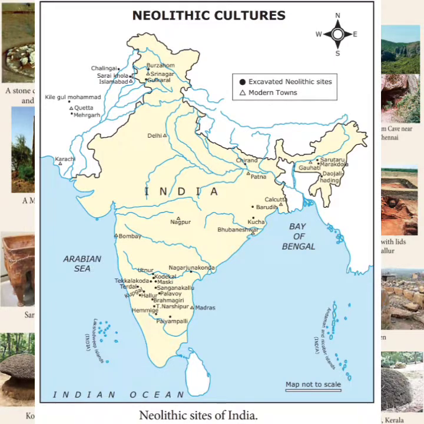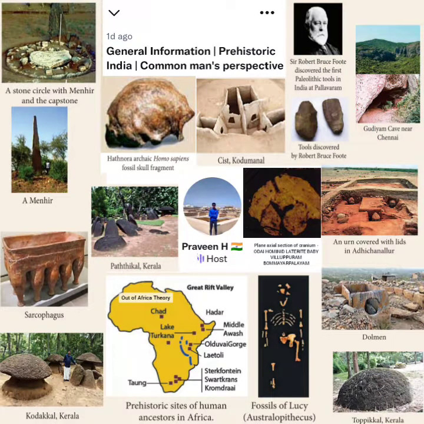The Neolithic cultures existed between about 10,000 BCE to 5,000 BCE in various parts of India. So it is known as the New Stone Age. Mehrgarh is an important Neolithic site dating back to 7000 BCE.